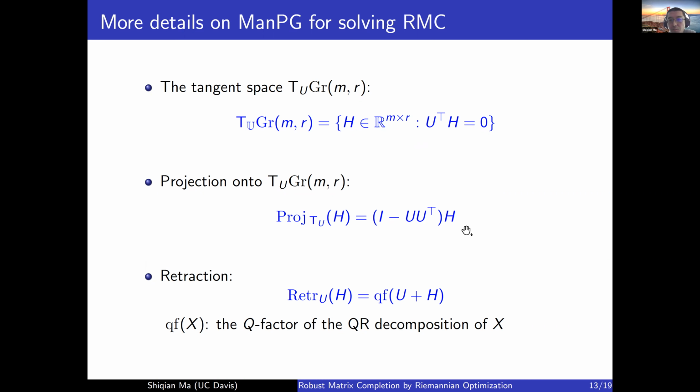It can be computed in this way. For the retraction, there are many different ways to do it, and in our numerical experiments we use the QR factorization. Here QF denotes the Q factor of this matrix. We know that the QR factorization is cheaper than computing the singular value decomposition.